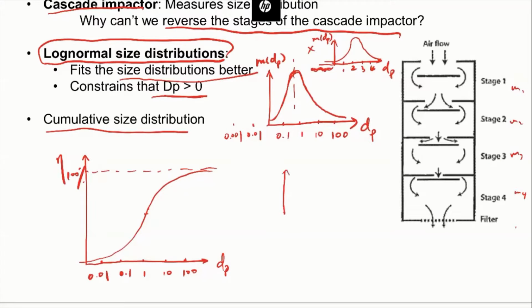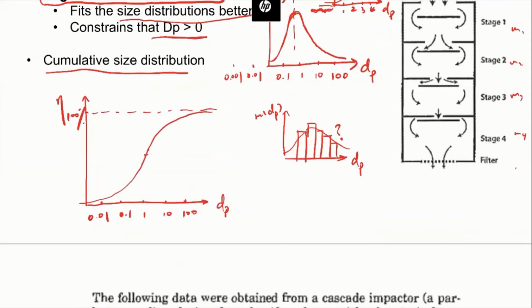Of course, we can plot these masses in a plot that looks like this, and use a curve fit to see whether it follows log normal or not. But there are actually easier ways to confirm whether a size distribution follows log normal, okay?